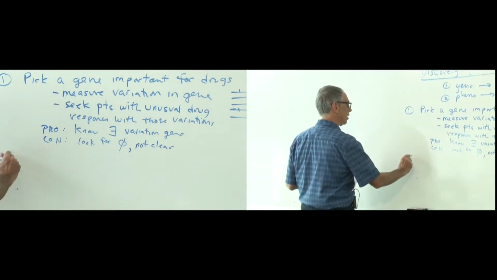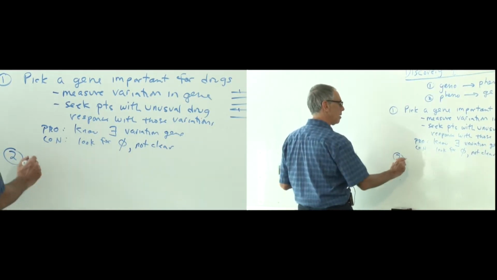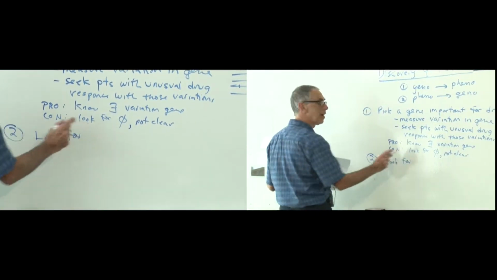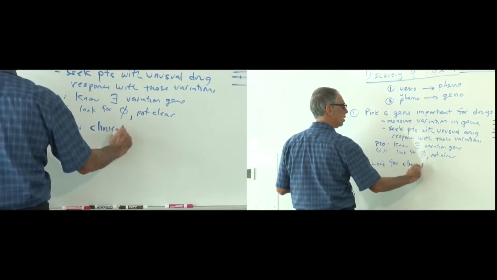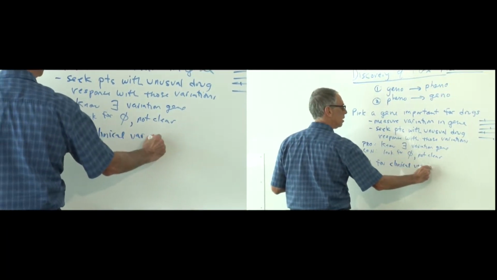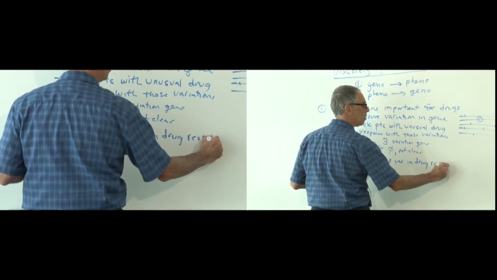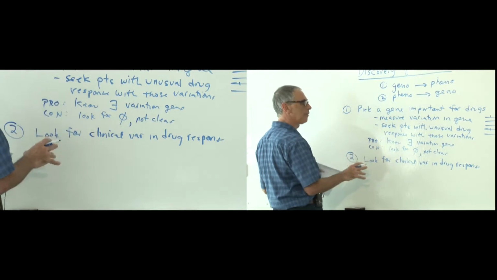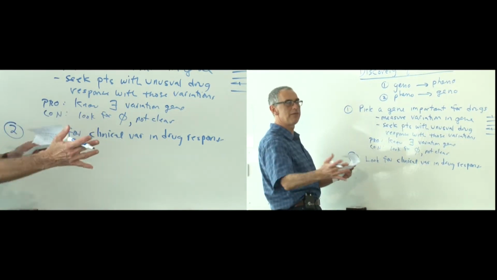The second way, I'll try to fit it in here, is the phenotype to genotype. Look for clinical variation in drug response. So now you've solved the problem that genotype to phenotype has of knowing what the phenotype is, because you're looking for a population of people, you give them all the same drug, and you see variability.